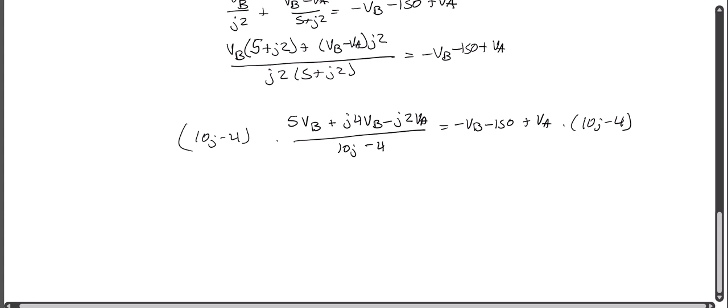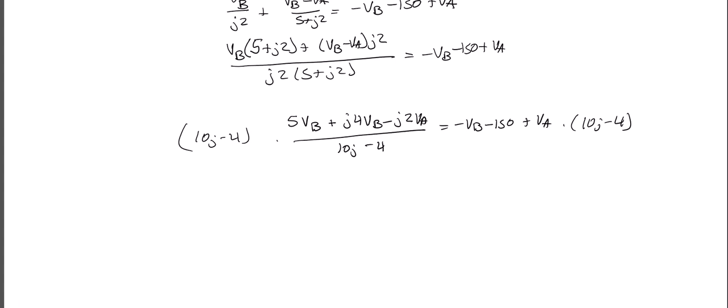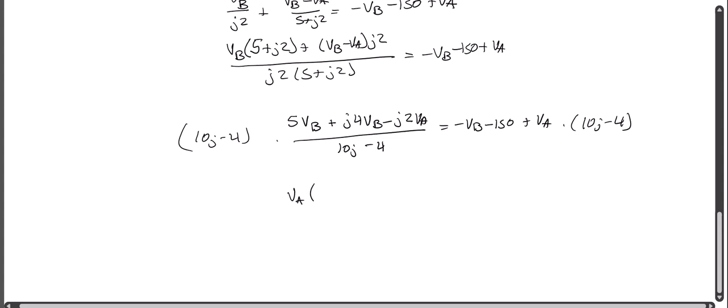When you do that and group together like terms, you get VA times (4 minus j12) plus VB times (1 plus j14) equals 600 minus 1500j.